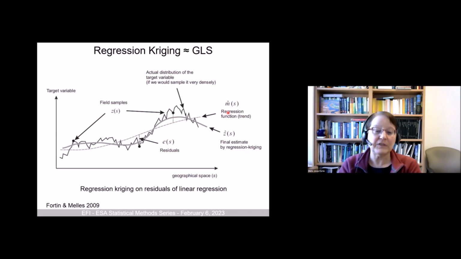The geostatistics group has a lot of methods, and there is some similarity with what people are doing in statistics. So in geostatistics, their generalized least squares method, they call it regression kriging. It's the same idea: fit a trend, look at the residuals, and put a kind of variogram on the residual matrix.